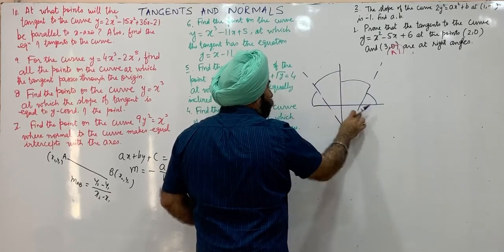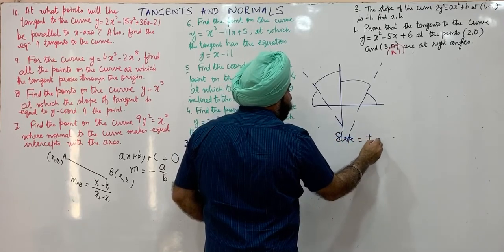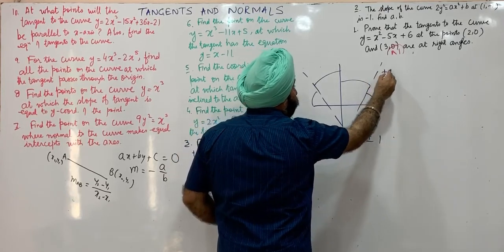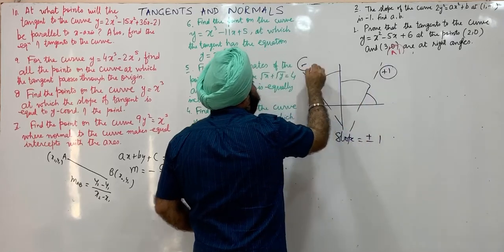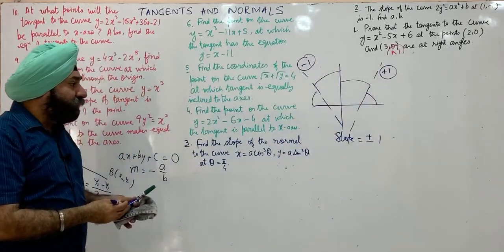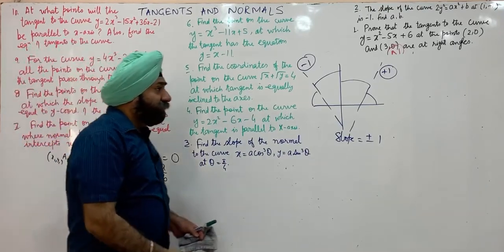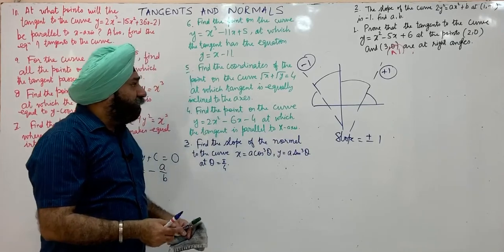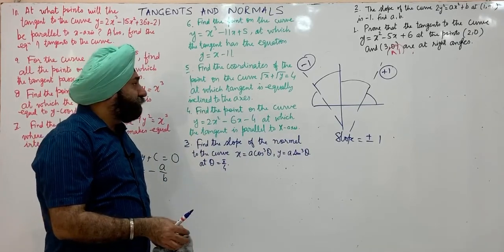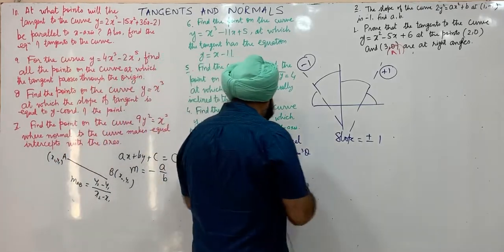Then these two lines have slopes of plus 1 or minus 1. This is with slope plus 1 and this is slope minus 1. So if we have a line which is equally inclined to the axes, that means its slope is plus 1 or minus 1.